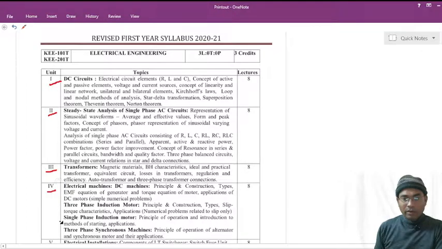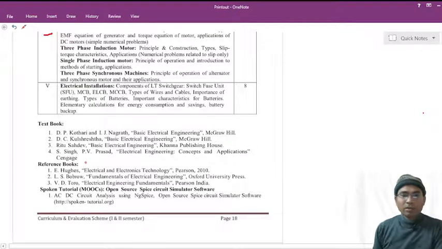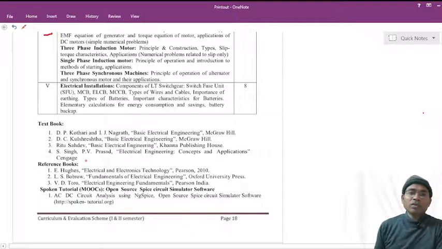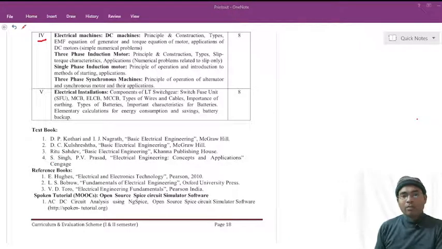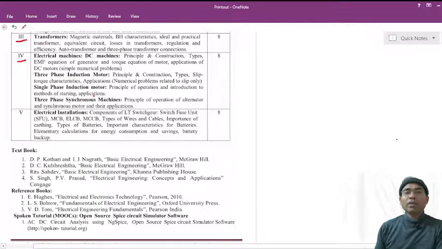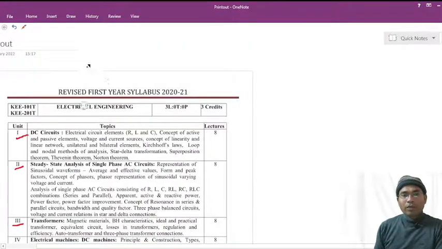We will cover in this 5th unit the basic elements which are used in domestic wiring, such as MCB, MCCB, RCCB, and what is the cable, earthing, and so on, which are used in domestic wiring and houses. So basically there is an introduction of whole electrical engineering in this subject. Today I am giving you the introduction of every unit, that what you will learn in this whole subject.